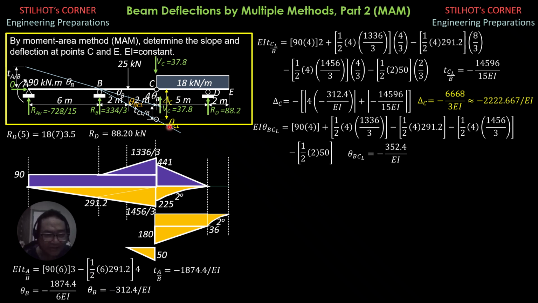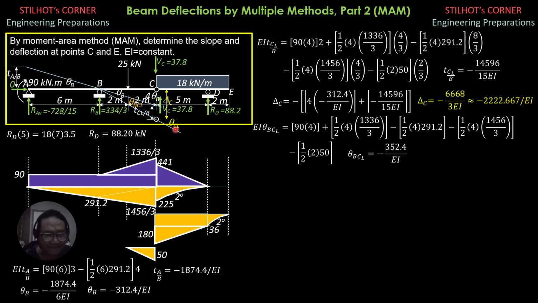So this is theta BC left. Negative because from the tangent at B to the tangent at C left, the rotation is clockwise, negative. Since the entire angle here is theta B, this entire angle is theta C left, and it is negative also.